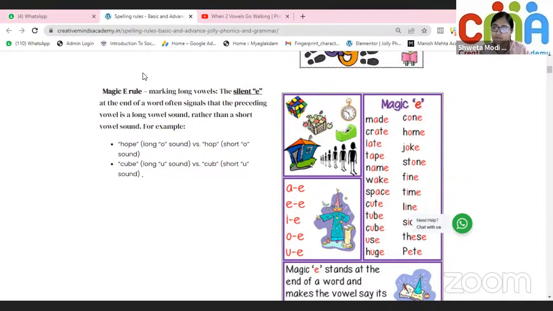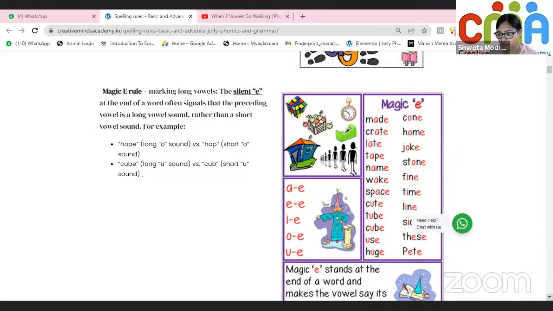Do you want me to continue with these basic rules first and then go to the advanced rules, or do you want me to go directly to the advanced rules? By the time you all reply, I'll just scroll down the screen.